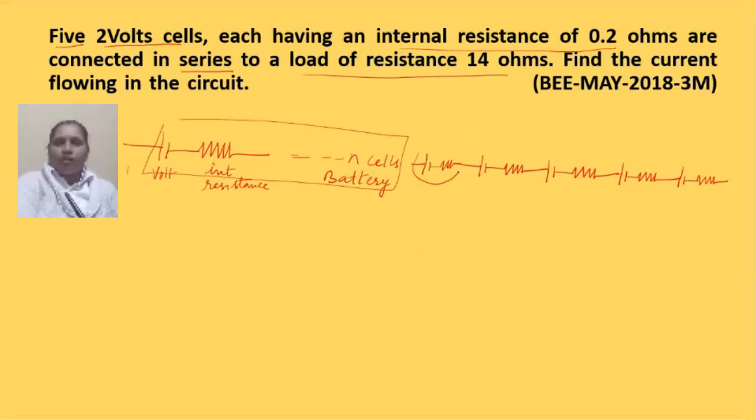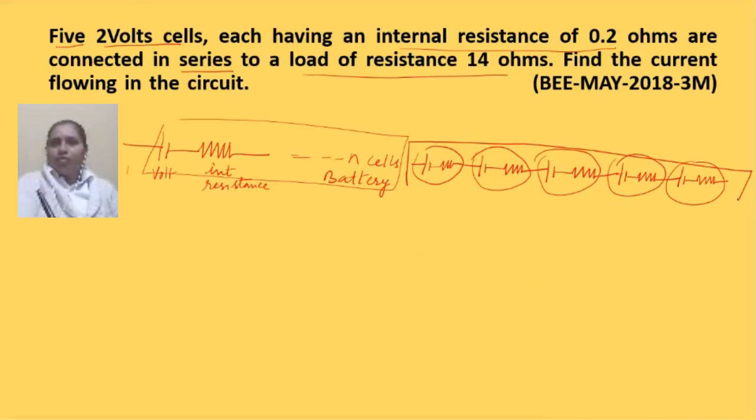This one is one cell, this is another cell, and so on. This combination in total is known as a battery, and the battery will have its own internal resistance and voltage.